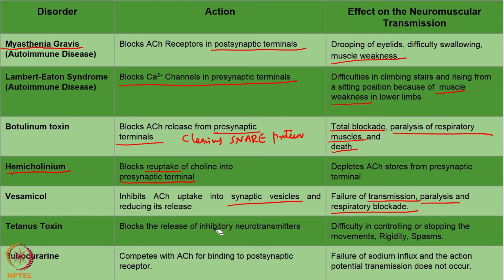The effect of acetylcholine is excitatory on the postsynaptic terminal, on the muscle, until and unless a hyperpolarization or an inhibitory neurotransmitter, basically GABA or others, arrives, there will be some activity in the muscle, right. Tetanospasmin blocks the release of these inhibitory neurotransmitters, leading to spasm, unwanted movements, rigidity, and difficulty in stopping the movements.